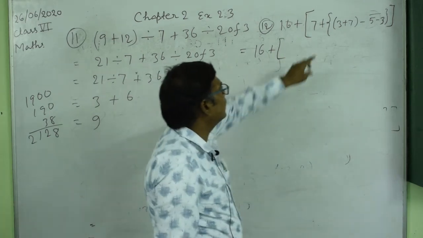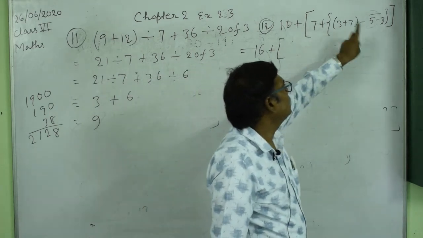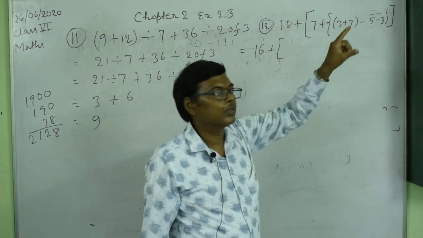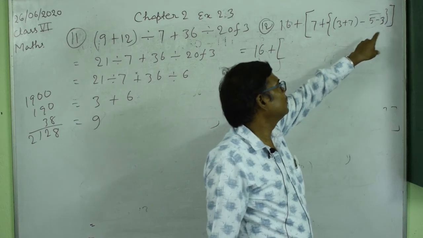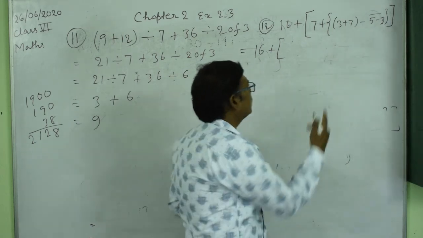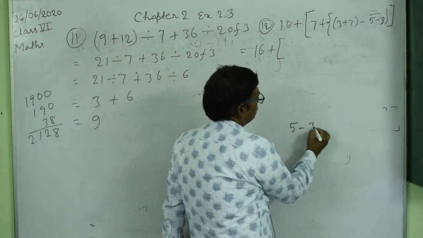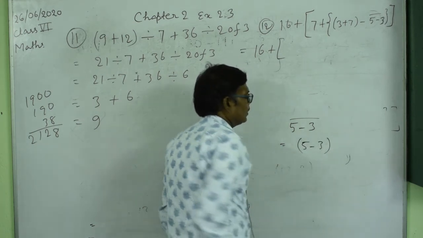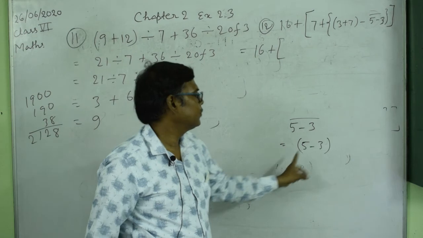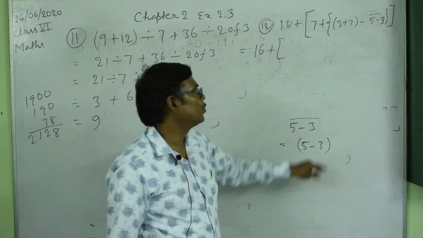Now here in this bracket, see that innermost bracket, okay. So innermost is here this 5 minus 3. So again I told you that you can think of this 5 minus 3 bar as 5 minus 3 in bracket, okay. So they are within the bracket. So 5 minus 3 will be equal to 2.